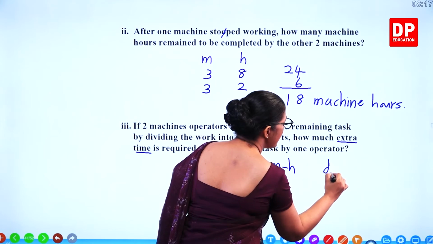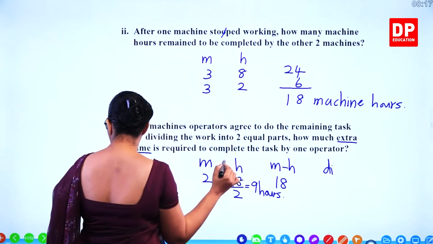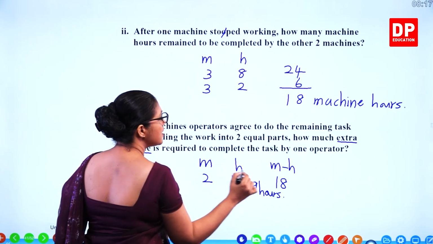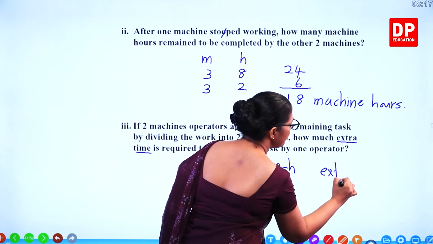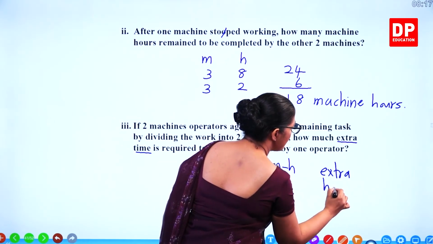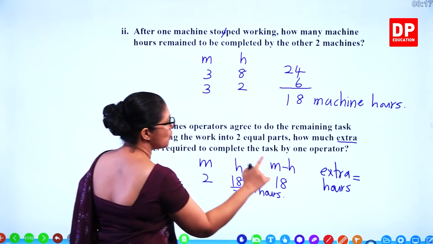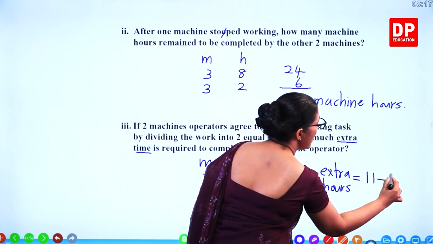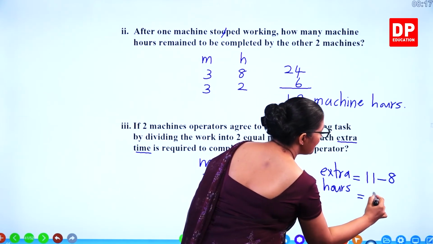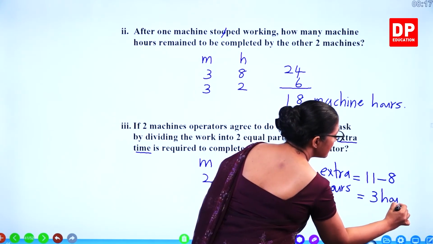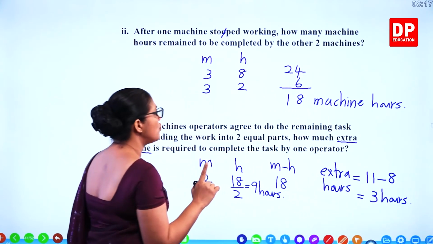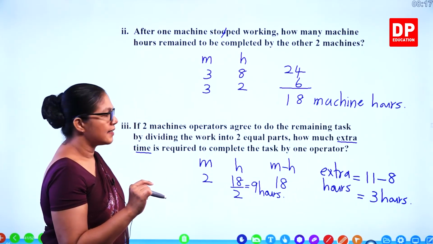And what's the difference? Difference means the extra. Extra number of hours becomes 9 plus 2, 11. 11 minus 8, 3 hours extra you need to complete the task.